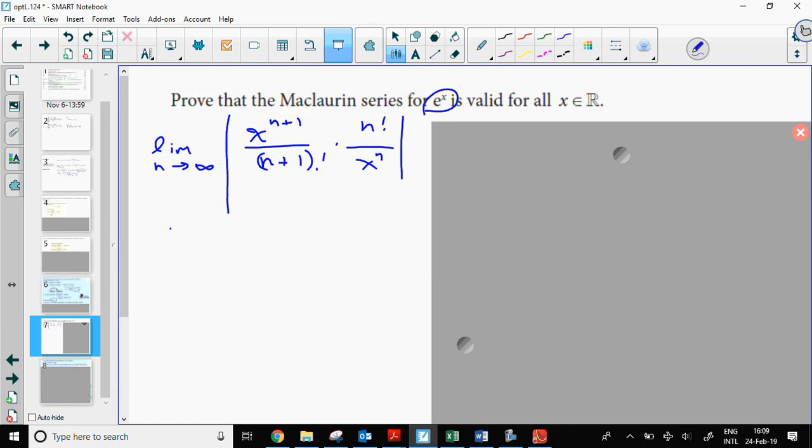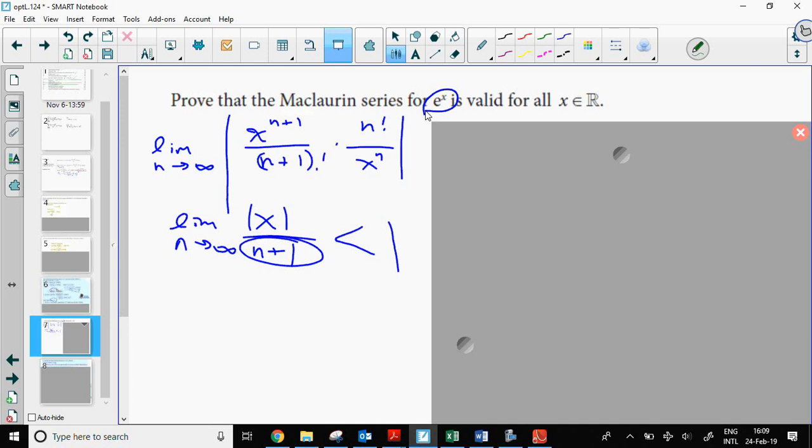This comes out to be the limit of the absolute value of x over n plus 1. Since n is going to infinity, this denominator is going to infinity as well. So this whole thing is going to go to 0. So that means that the interval is infinite. No matter what x is, this limit's always going to be less than 1.